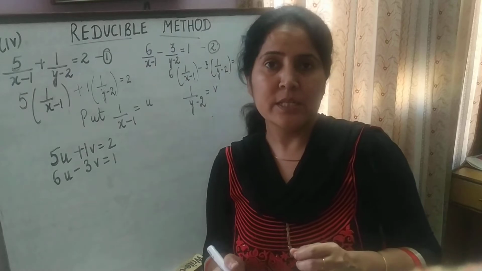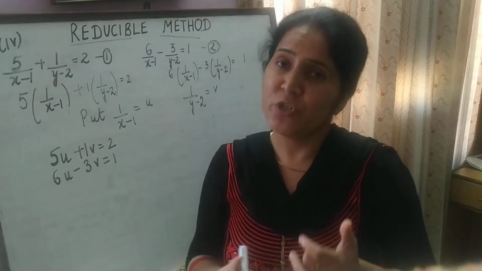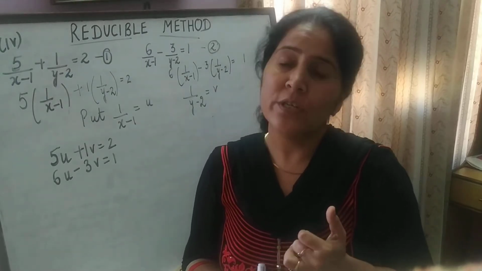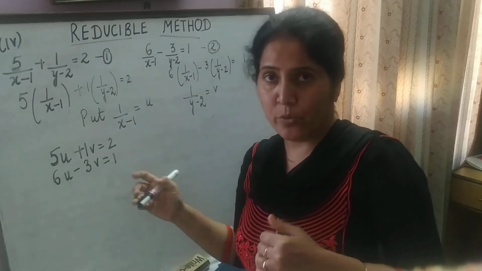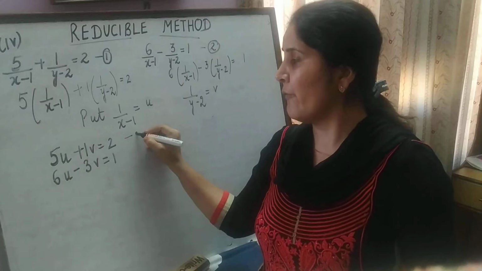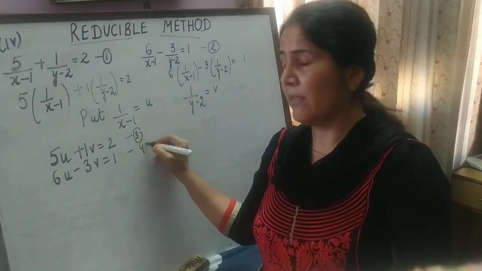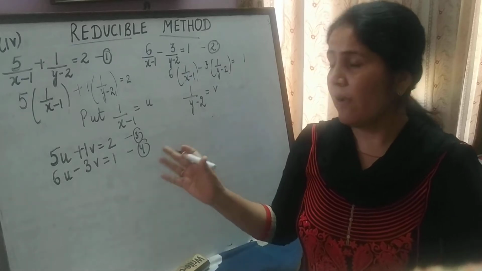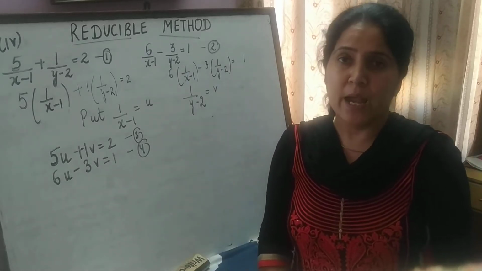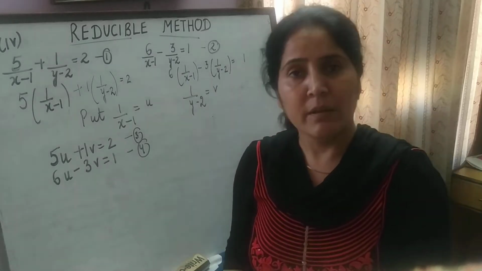And linear equations can be solved by three methods which we have done earlier: substitution, elimination and cross multiplication. So you can solve these two equations, numbered 3 and 4, by any of the three methods which you feel more convenient. Here, to solve these two equations, I am going to use the elimination method.